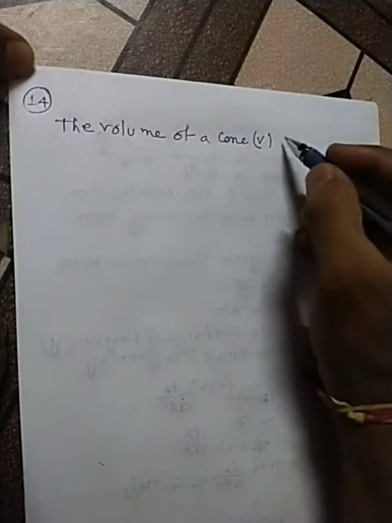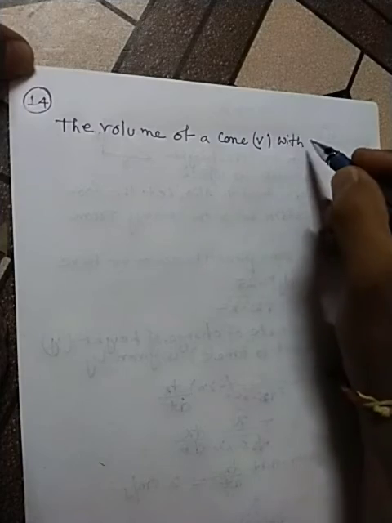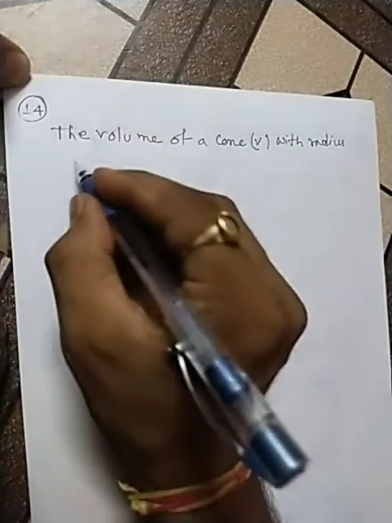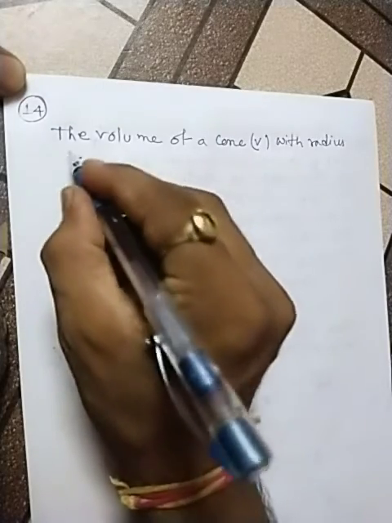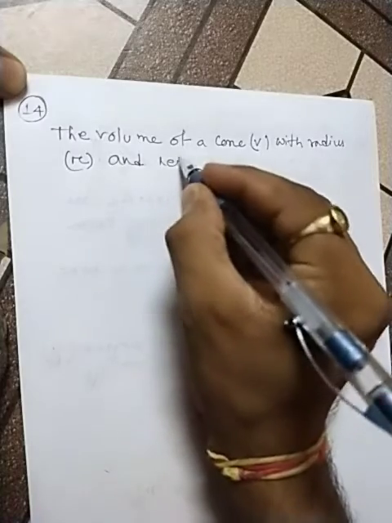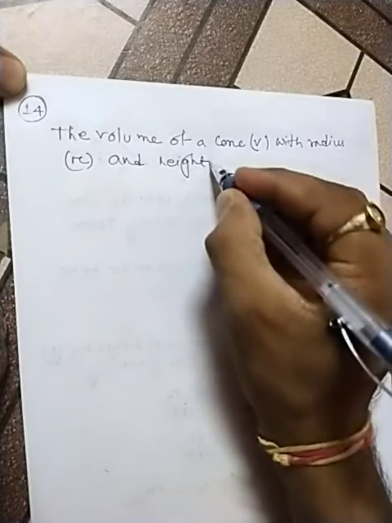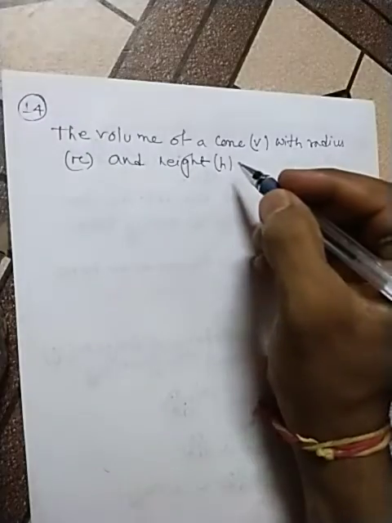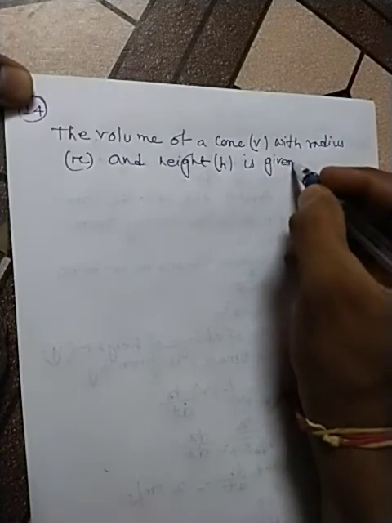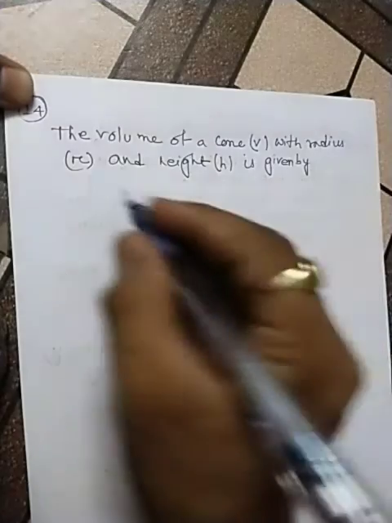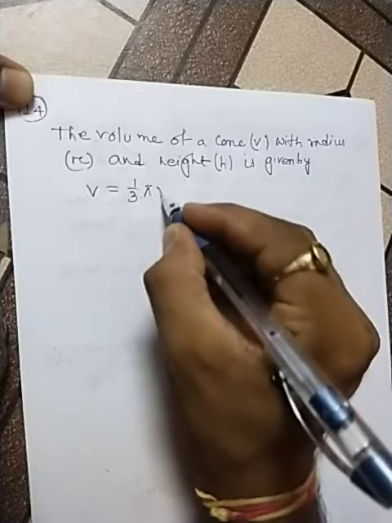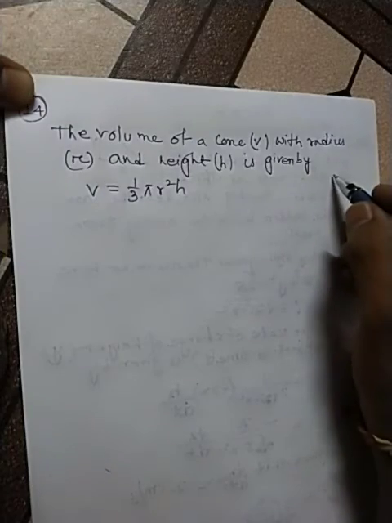So the volume of a cone with radius r and height h is given by V equals 1 by 3 pi r square h.